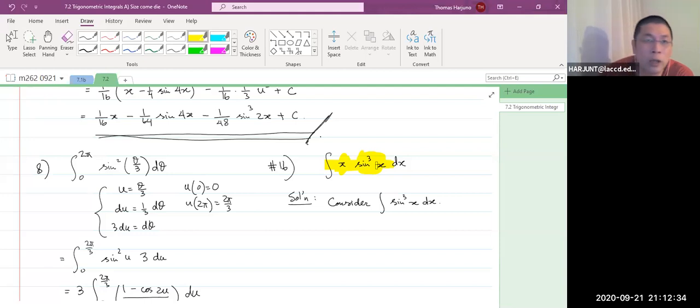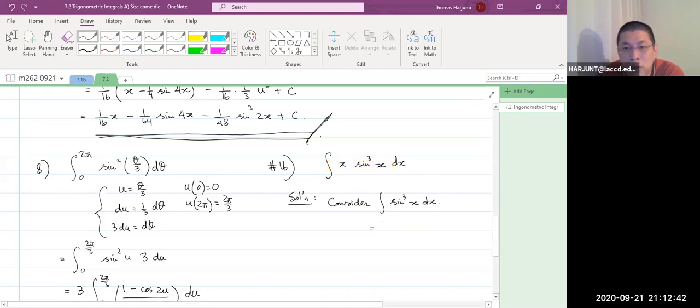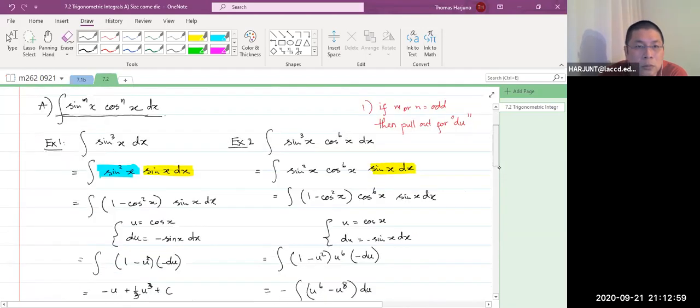So that's why I do it separately. That's equal to integral of sine squared x sine x. I somehow think I did this already in my first example. Can I just copy it? Yeah, that's what I have.